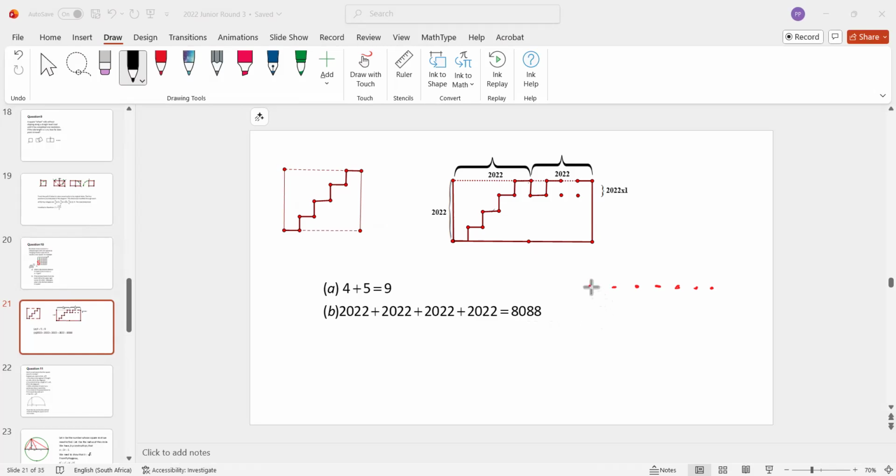So let's count: 1, 2, 3, 4, 5, 6, 7, 8, 9, 10, 11, 12. So if you've got 6 spaces in between, 1, 2, 3, 4, 5, 6, with 6 spaces you get 12.